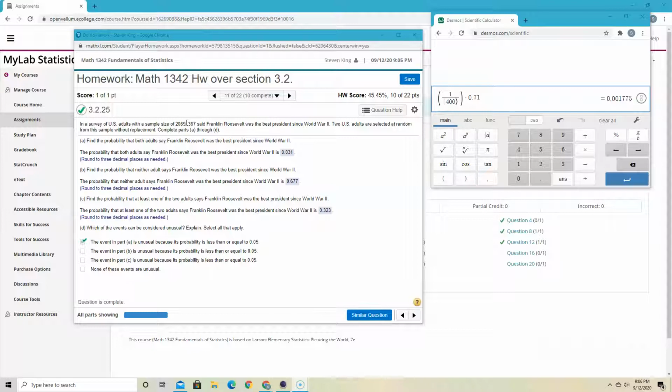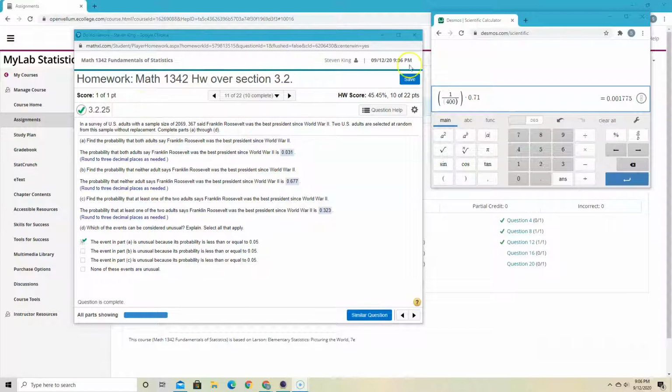Now have the computer randomly select one of those 2,069 identification numbers, and what's the probability that the first one the computer picks will be from an adult who stated that FDR was their favorite president, or no, was the best president since World War II?